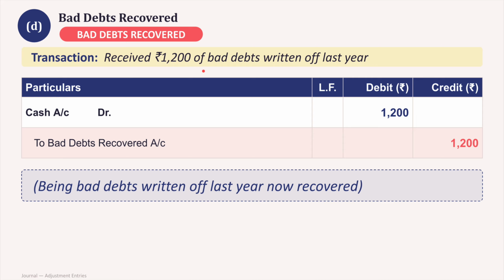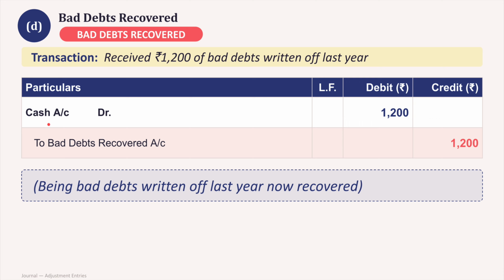Next, received 1,200 of bad debts written off last year. So what happened? Last year you have written off this 1,200, that you will not be receiving it anymore. So you would have written bad debts account debtor to whoever is the debtor's name, you would have written it off. But now luckily that amount you are receiving. Okay.